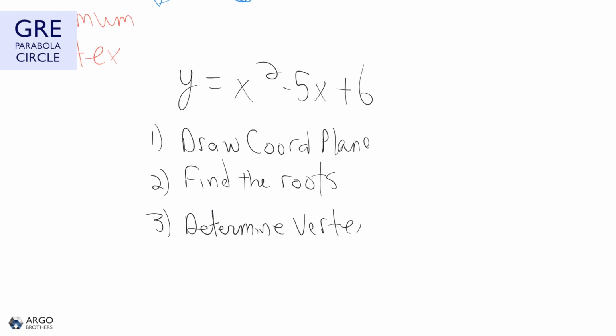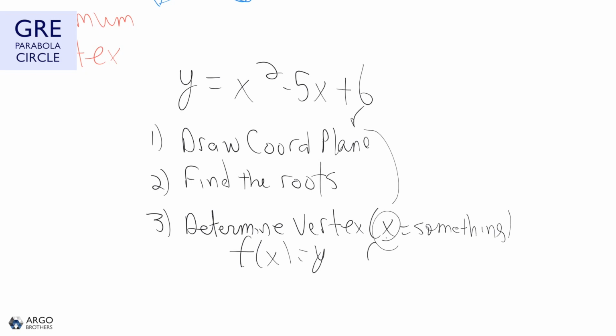And the vertex will be an x value, so x equals something. And then you want to get the point. So once you get that x, plug it into f of x, so f of x will equal y. And remember, y is equal to f of x. All I'm saying is once you get x, plug it into this equation so you get y. So then the vertex point would be x comma y, so that you can find that minimum or maximum.